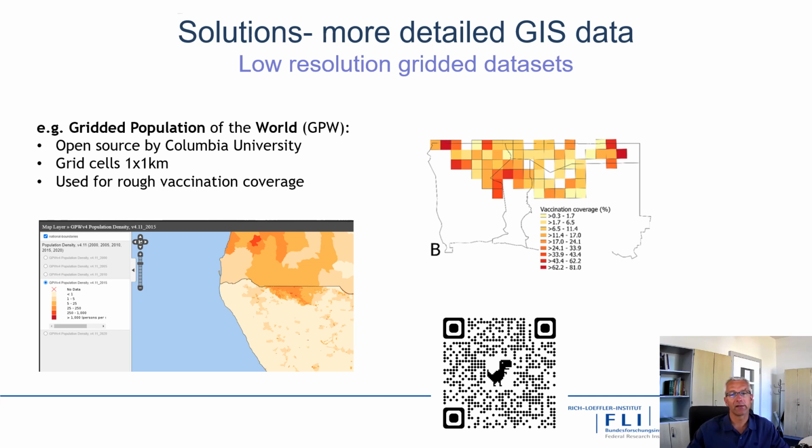That means that the population is based on individual tiles of different sizes. What we used in the past is open source data, Gridded Population of the World, with a grid cell length of 1 by 1 kilometer. That can also be used to estimate the vaccination coverage, but it has a low resolution for planning.